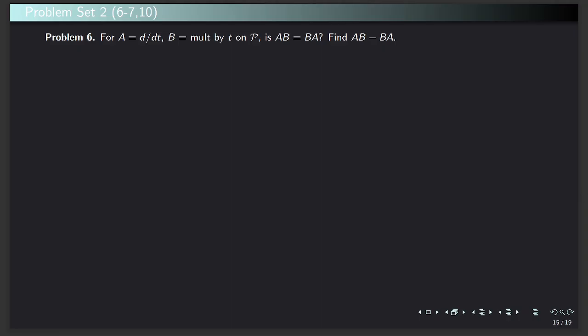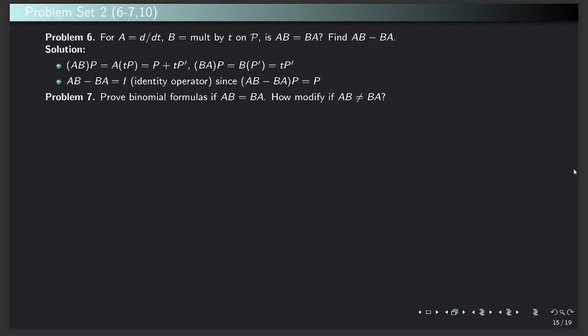So problem 6 considers 2 operators on the space of polynomials. A is differentiation, B is multiplication by t. We find that their product is non-commutative. To do that, the operator AB acts on polynomial P by first multiplying it by t, then differentiating, which by the product rule yields P plus t times P prime.